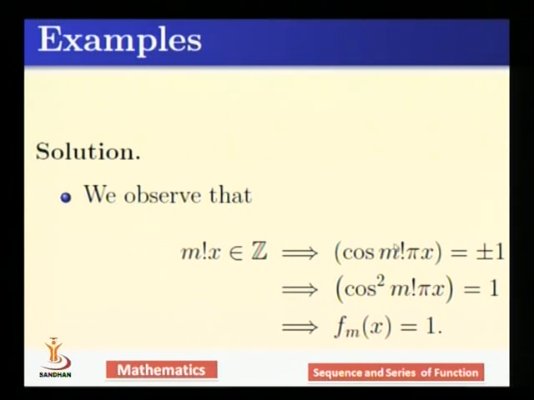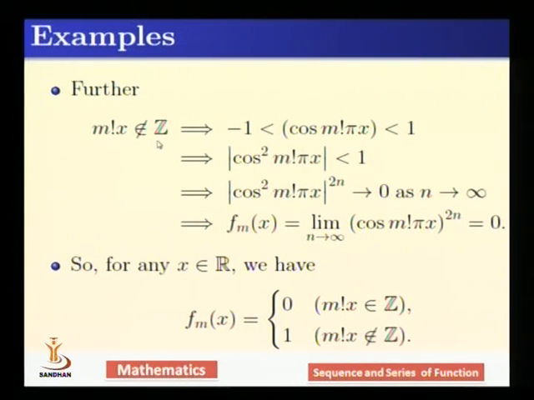So cosine of an integer multiple of pi is always plus or minus 1, and so if you take its square it will be 1. So in that case f_m(x) will be equal to 1. And if m factorial x is not an integer, then cosine cannot be plus or minus 1, and because cosine always lies between minus 1 and 1, we will have a strict inequality that minus 1 is less than cos(m factorial pi x) less than 1.